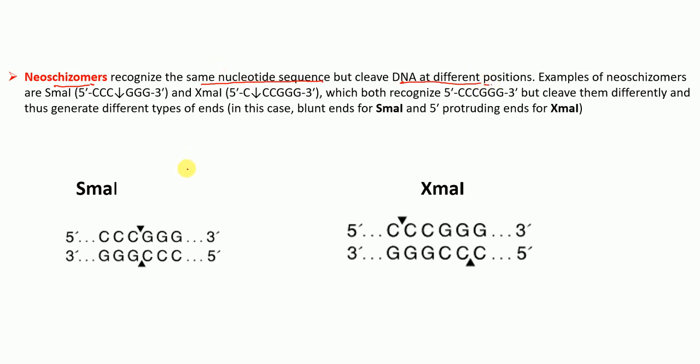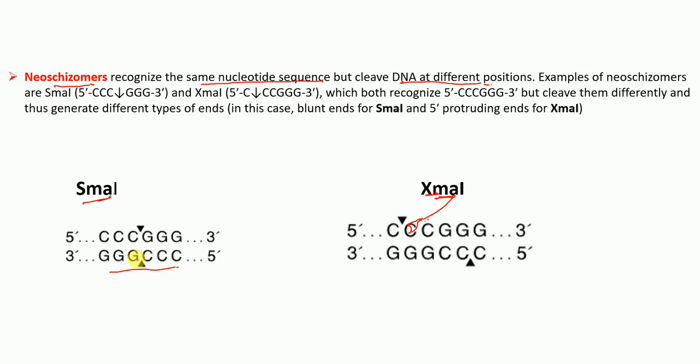So the difference between isoschizomers and neoschizomers is the cleavage position. Take two restriction enzymes, SMA1 and XMA1. They have the same recognition sequence: CCCGGG for SMA1, and the recognition sequence for XMA1 is also CCCGGG.